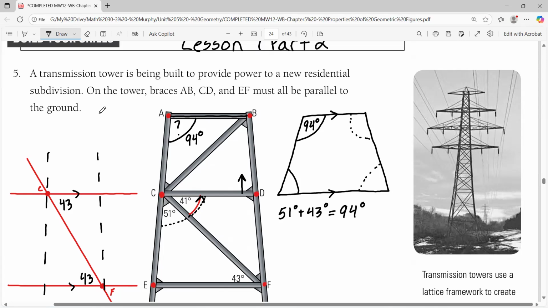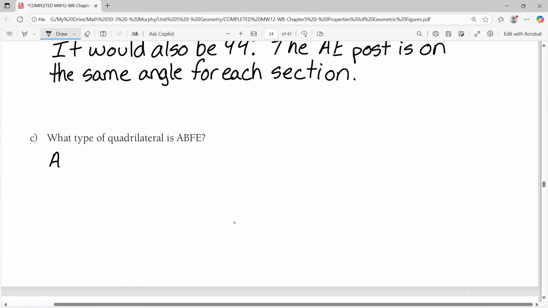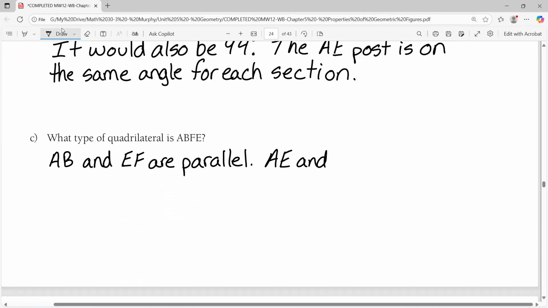Okay. So the bar A to B and the bar E to F are parallel. A to E and BF are not parallel. So those are the sidebars.